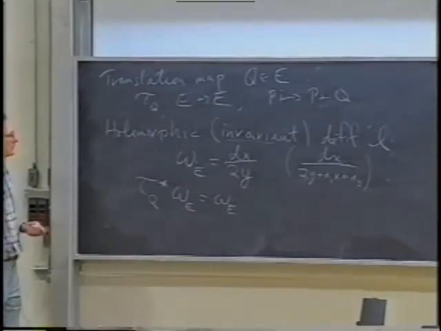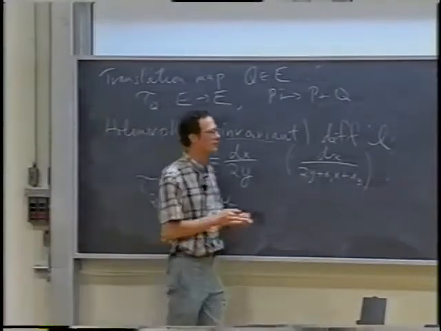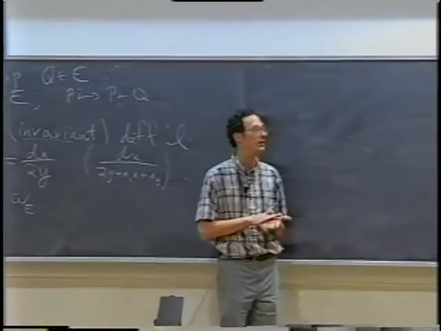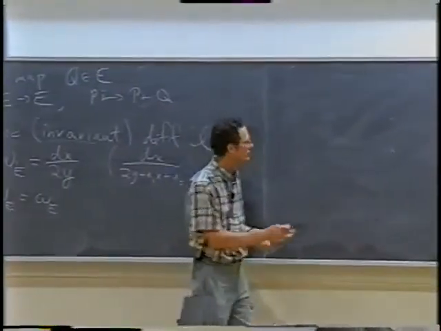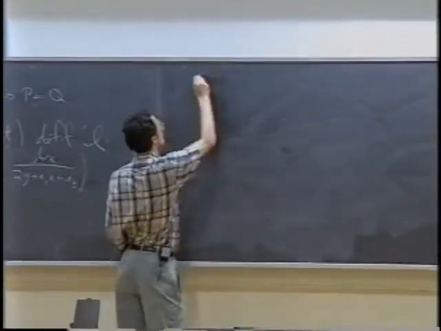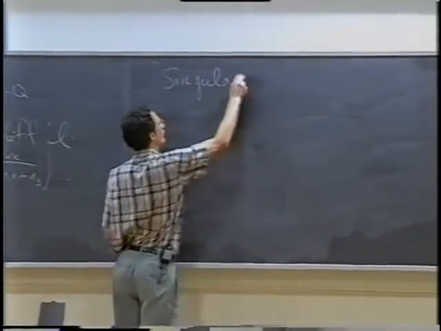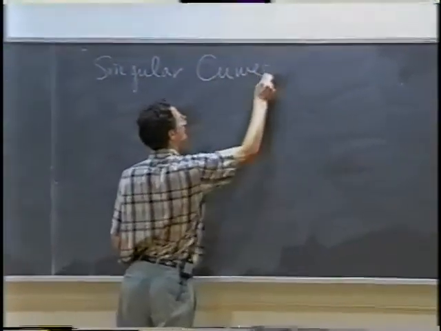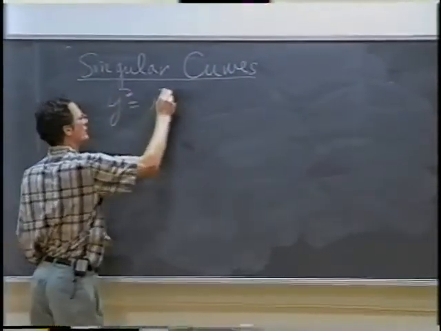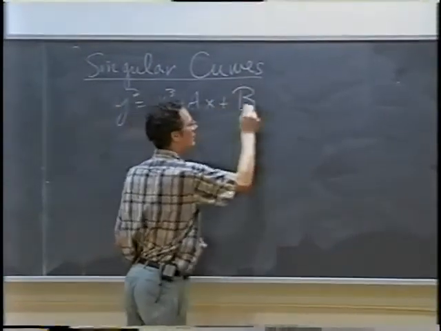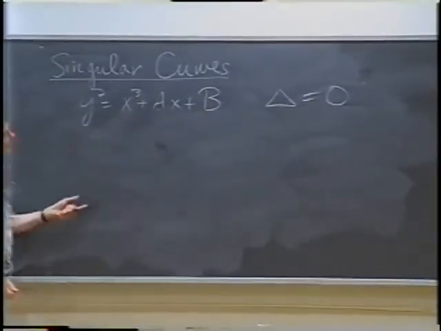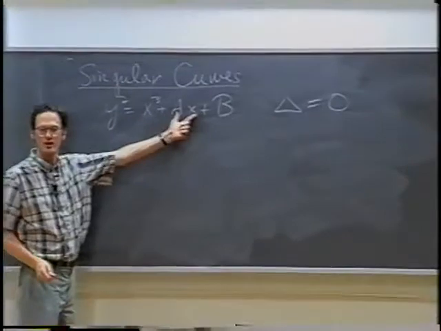Okay. So an elliptic curve is a non-singular curve of genus 1 which can be given by the roots of a cubic equation. One's also interested in looking at these same cubic equations where there are singularities. So we need to look at singular curves. That would be a curve y squared equals x cubed plus ax plus b, where the discriminant actually does vanish. That's the discriminant of the cubic, so that means there's at least a double root.